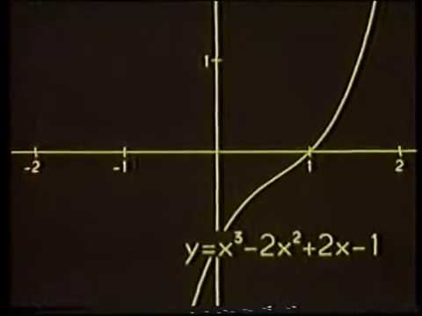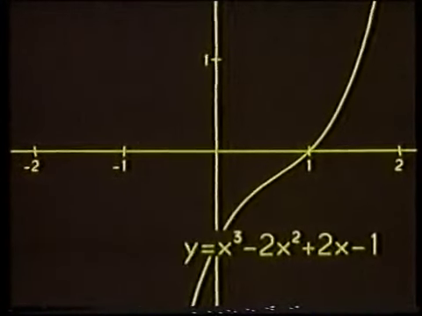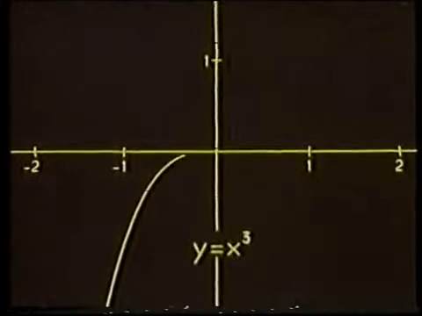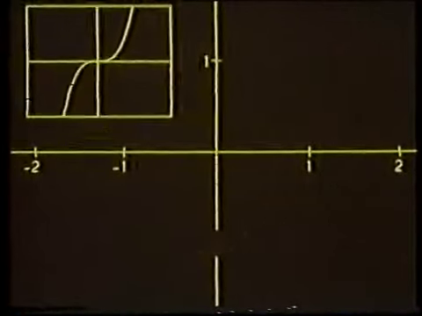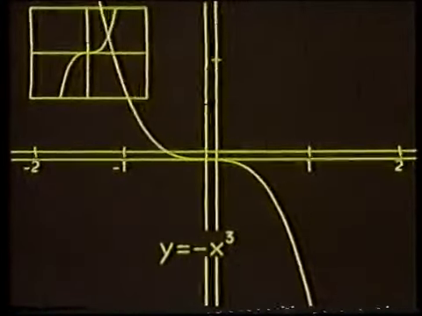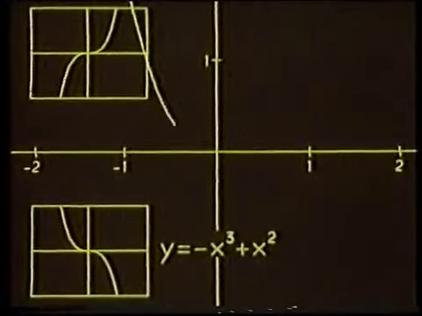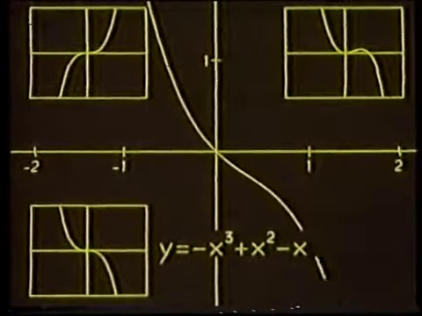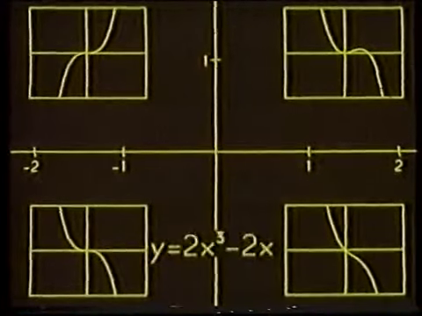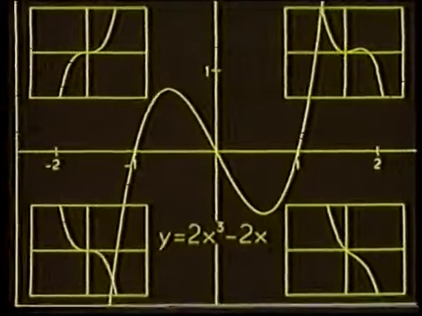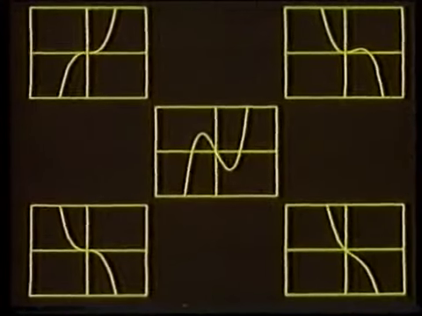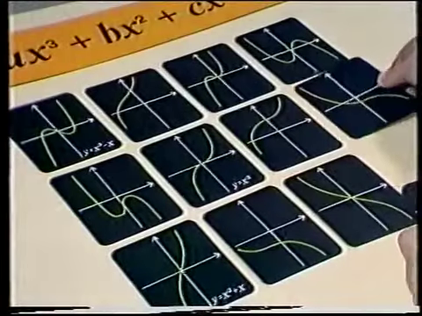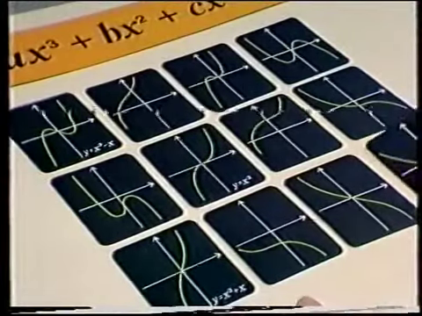Just from the few changes of coefficient we've used, we've got quite a lot of different looking graphs. So we seem to have a variety of shapes for cubic curves.